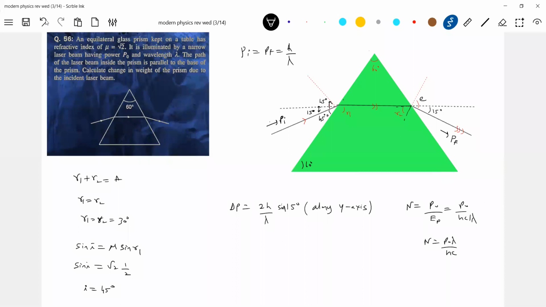So what is the total force that we should get? F should be equal to n into delta P. So P naught lambda by hc times 2h by lambda sine 15. So 2 P naught by c. Answer given cos 15. Huh?